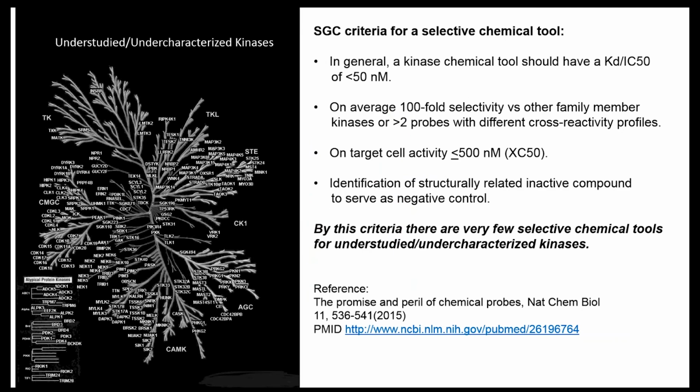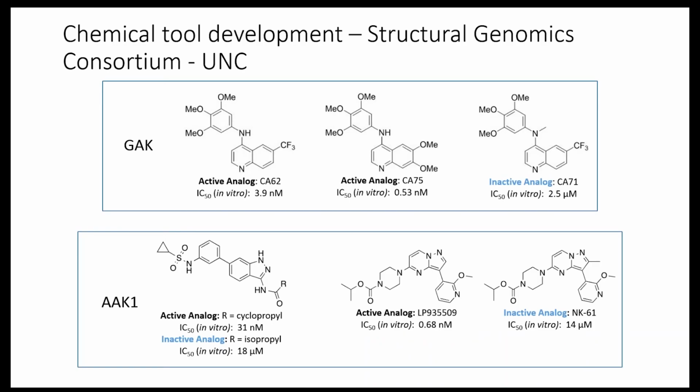And then some of our choices of targeting with CRISPR-Cas is being driven by our collaboration with Tim Wilson and Bill Zuercher with the Structural Genomics Consortium. And the Structural Genomics Consortium is interested in making chemical probes or chemical tools that are selective for specific kinases. And they have a criterion that I won't read to you, but we've been able to work with Tim and Bill, and they have selective probes for GAC and AAK1, and importantly, they have structurally related inactive analogs.